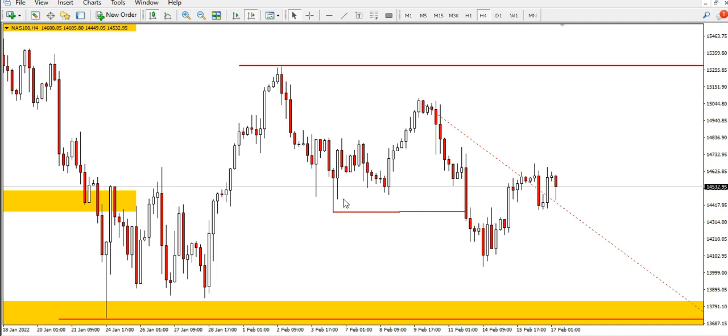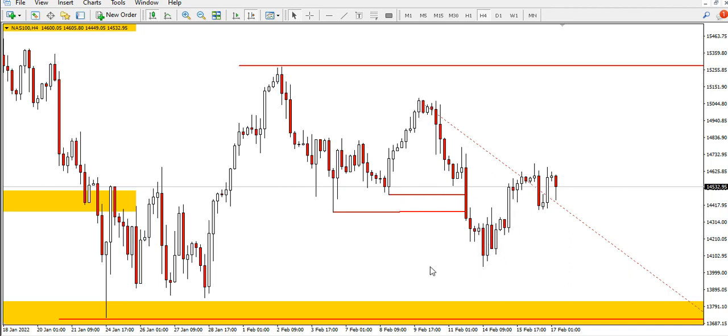This week here came to mitigate this week, and then price sold off from there. And then in the meantime, again, we have to check if ever we have an internal structure. Yes, we do have. This is the internal structure here.